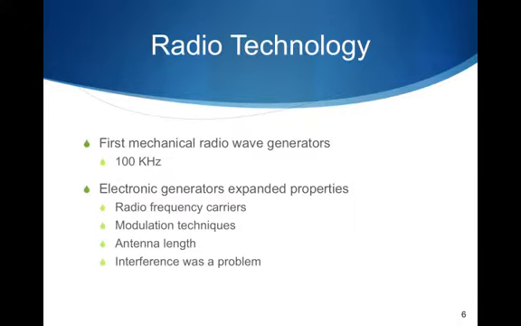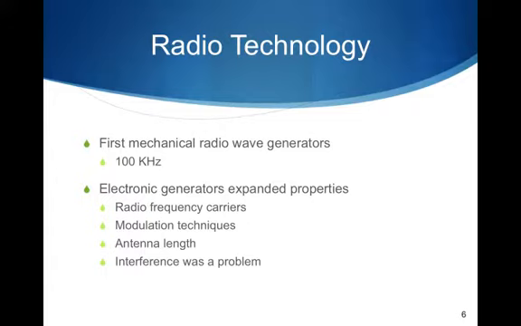Radio technology. First mechanical radio wave generators were restricted to a maximum wave of 100 kilohertz. Electronic generators, or oscillators, markedly expanded properties. The audio signal produced from a microphone was impressed upon a radio signal, and this was called a radio frequency carrier. Through modulation techniques, this message can be carried through antennas, and we know some of those.